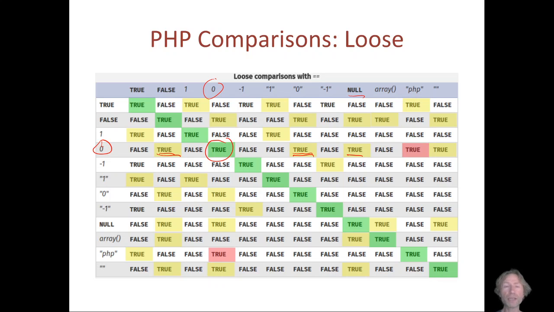Again, maybe that's somewhat expected. We get true if we compare a 0 to an empty string. Maybe you could still understand that. But now look at this one. We also get true in a really surprising situation where we compare, in a loose way, the string PHP to the value 0. The comparison outcome is true also. So these are really surprising results.